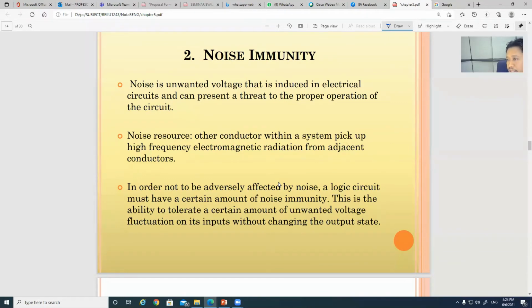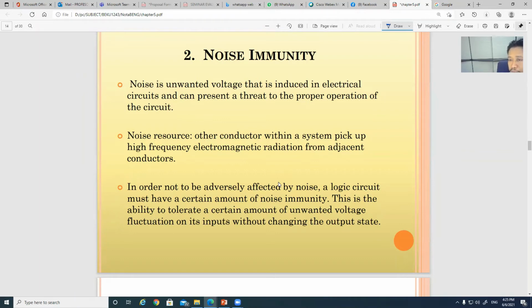It is quite difficult to eliminate the noise, but we can set a range of noise that we can accept. That we call noise immunity. This means we can put some range for the noise.